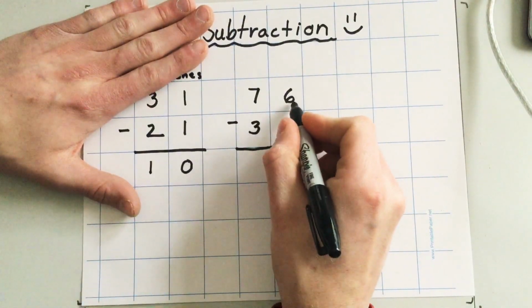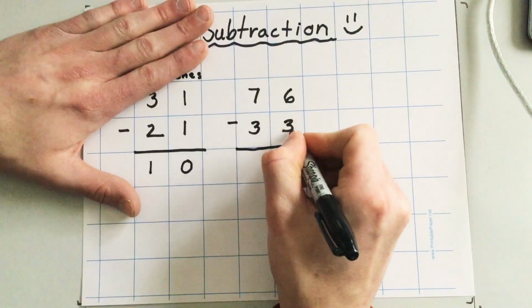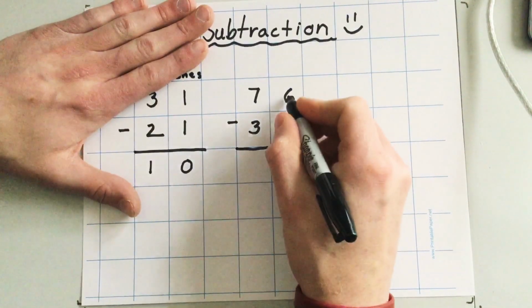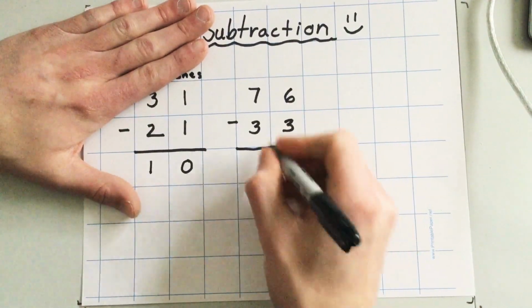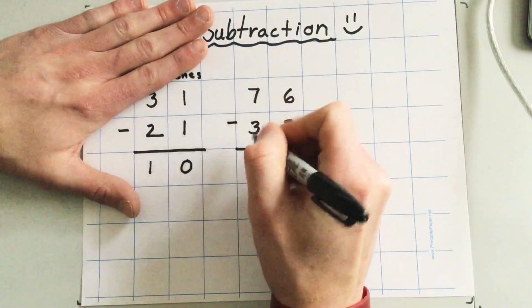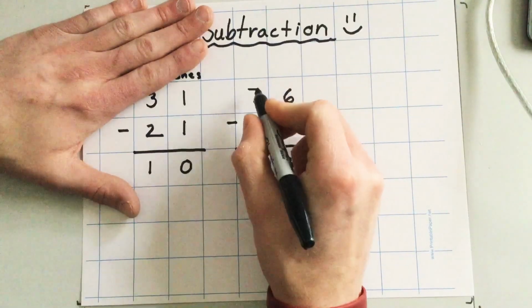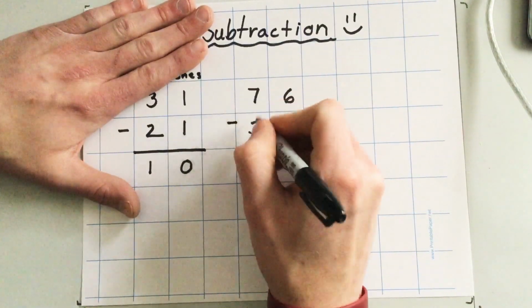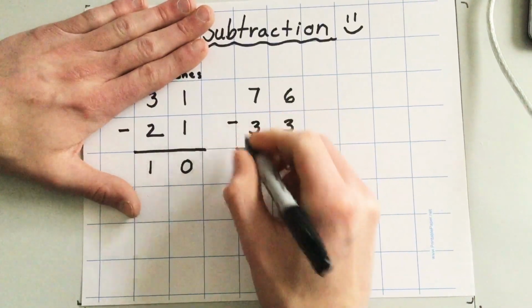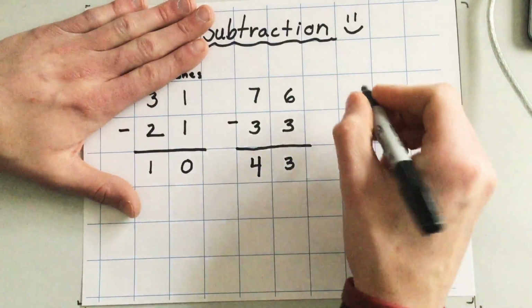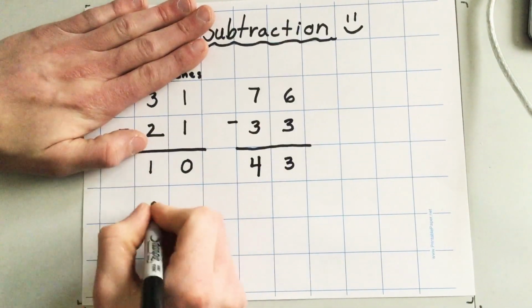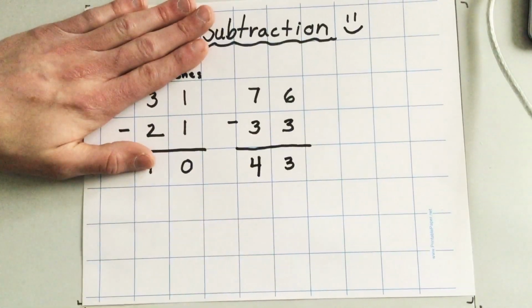First we're going to do 6 minus 3. 6 minus 3 is 6, 5, 4, 3. Now we move over into our tens column. 7 minus 3 is 7, 6, 5, 4. Our answer is 43.